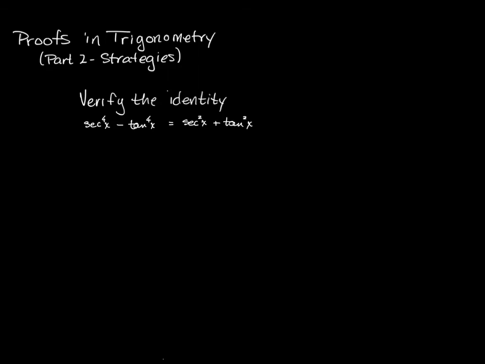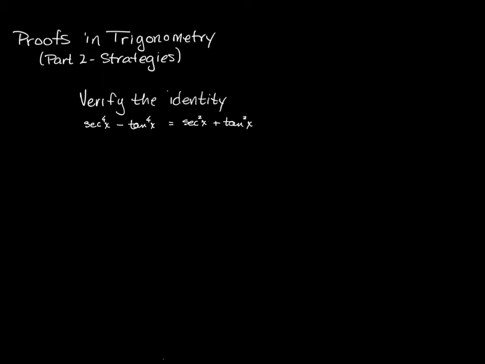Here's another identity we've been asked to verify. Secant to the fourth of x minus tangent to the fourth of x is equal to secant squared of x plus tangent squared of x. The strategy at play here is observe some algebra.